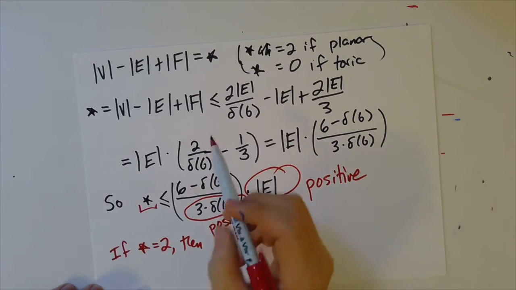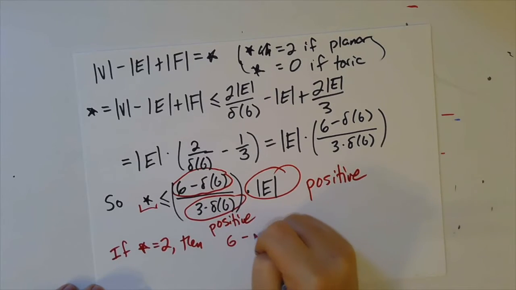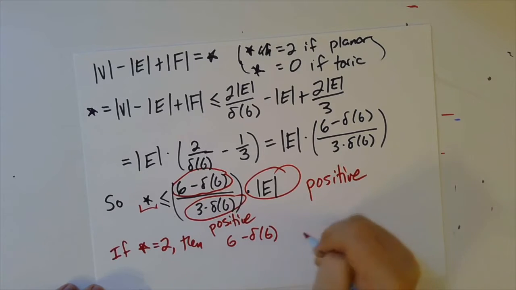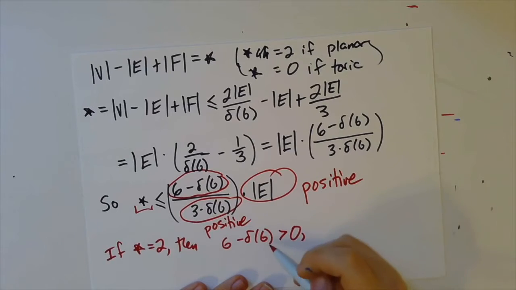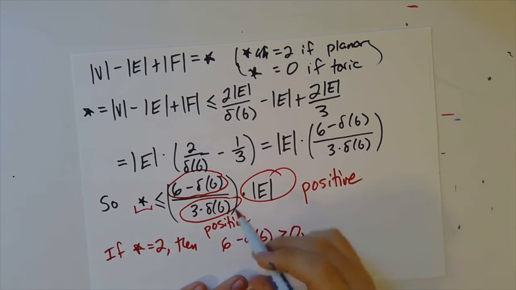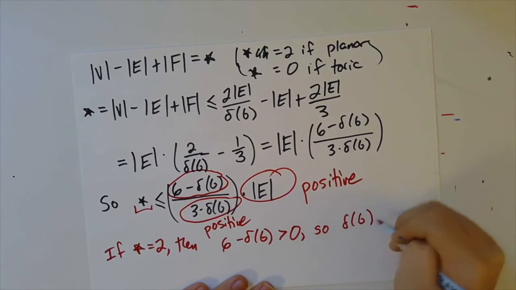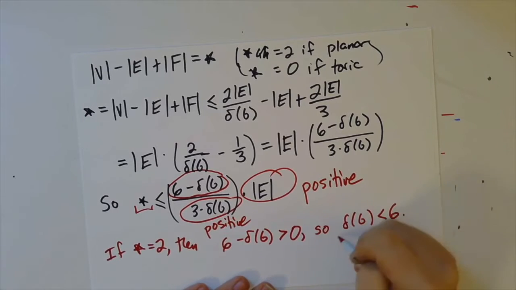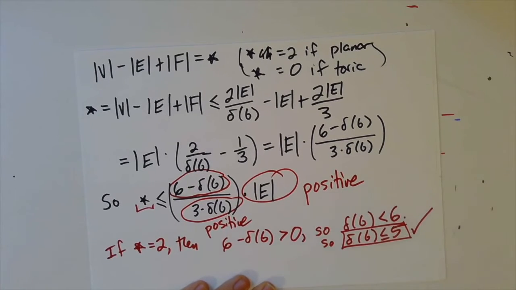And this is the only thing we don't know is positive. And so then 6 minus delta g has to be positive. Sorry, that's a delta of g. It looks kind of like a delta of 6, especially since it's right next to a 6. But 6 minus delta of g is positive, so delta of g is strictly less than 6. So delta of g is less than or equal to 5. And that proves that case that we wanted before.